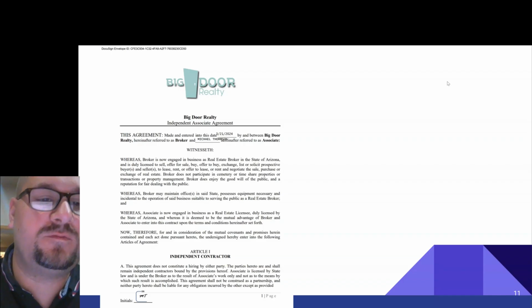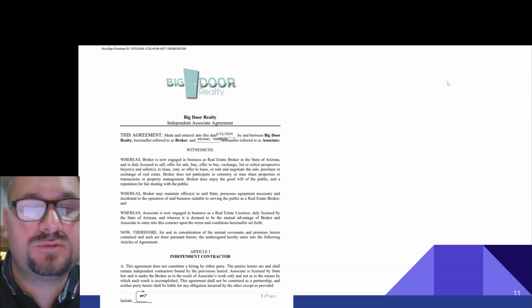Now, therefore, for and in consideration of the mutual covenants and promises herein contained, and each act done pursuant hereto, the undersigned hereby enter into the following articles of agreement.